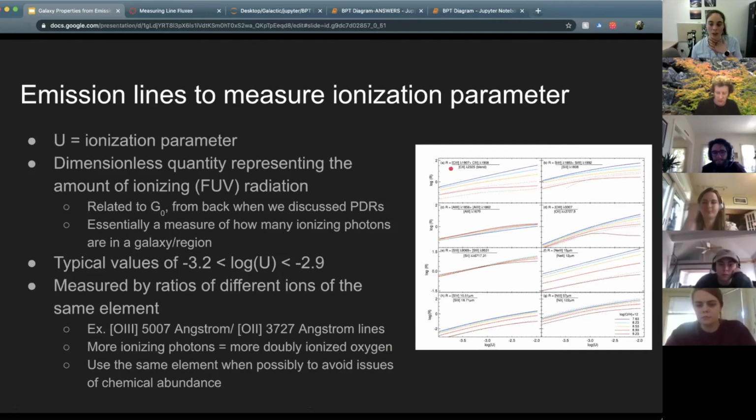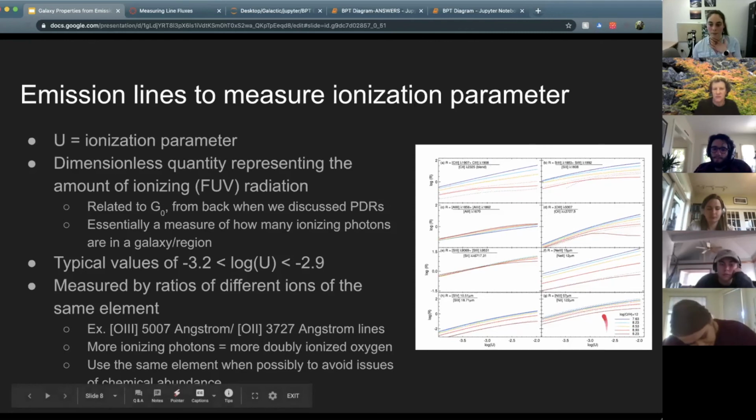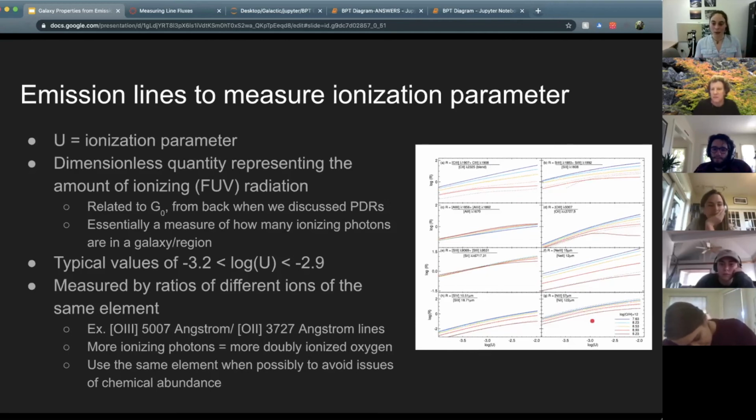If you can measure the emission line strengths of these two lines of doubly ionized carbon and one line of singly ionized carbon, then you can find where your galaxy is on this x-axis and get an idea of the amount of ionizing radiation. This paper was also looking at how these ratios were dependent on metallicity. So metallicity is also a factor. It's best if you know that going into it, because then you can better predict what you expect your measurement of U to be based on your ratio.